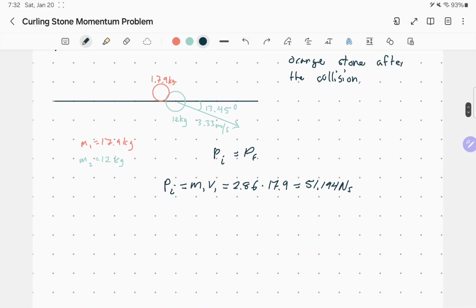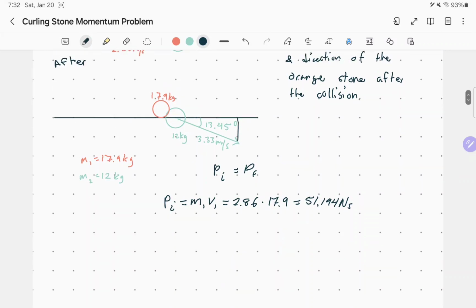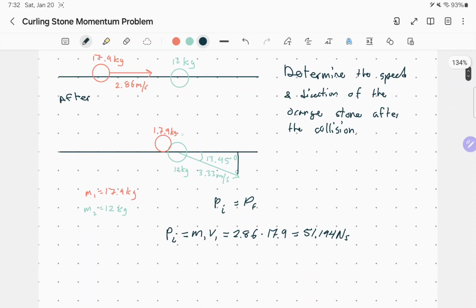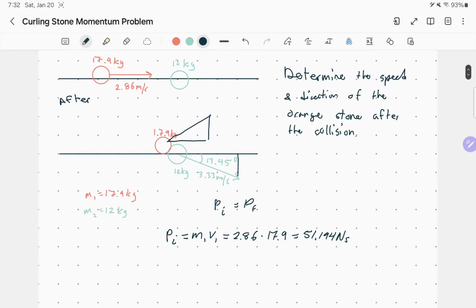Notice that after the collision we're going to have a little bit of y, and I might as well draw this vector too. But notice how these y's will have to be equal in length, because remember, our py initial is 0, so that means py final must also be 0. So these two must match.